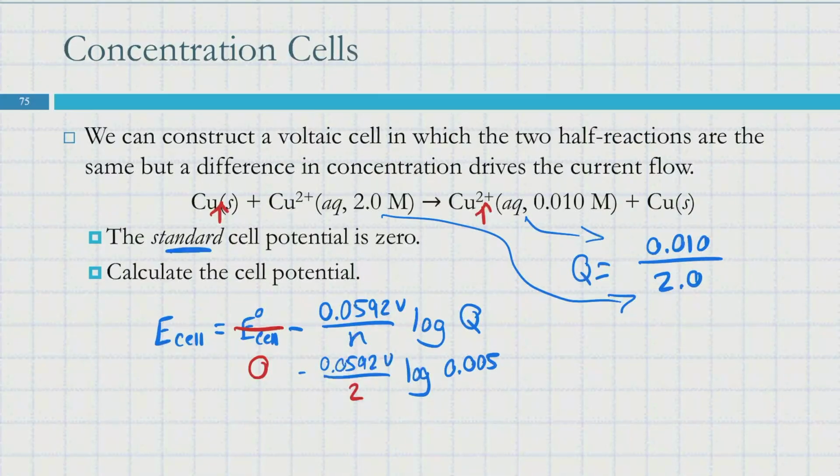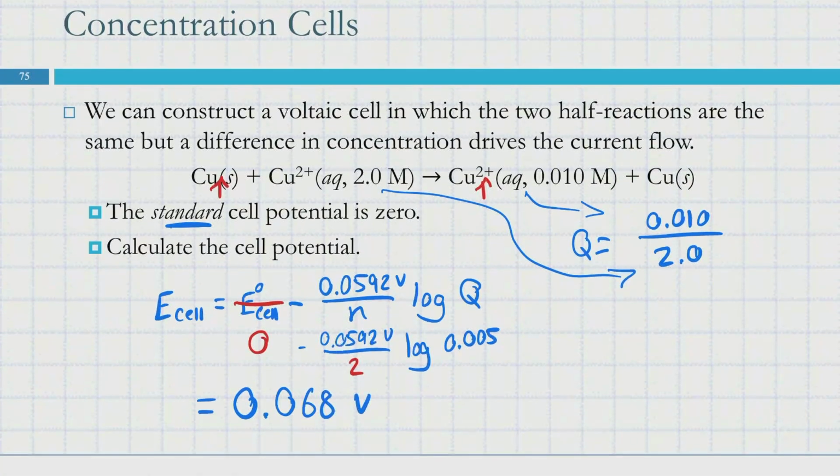And I forgot the negative sign in my calculator, but you get a value of 0.068 volts. So it's not a lot of voltage, but it is some voltage. And that's just from the concentration.